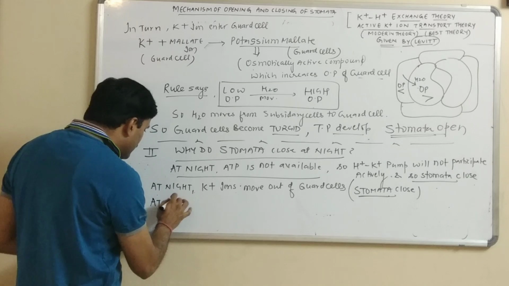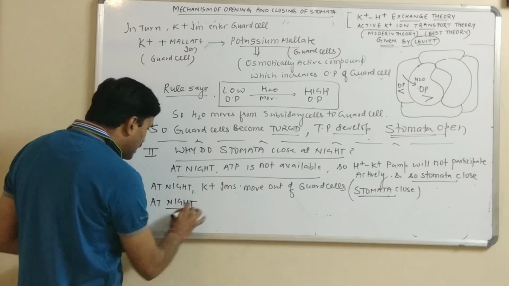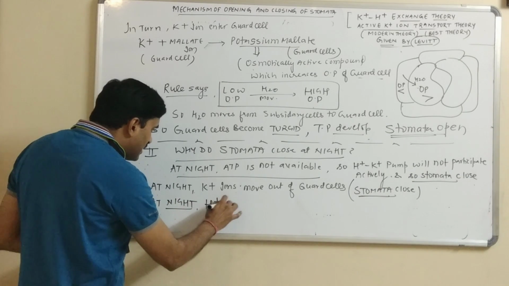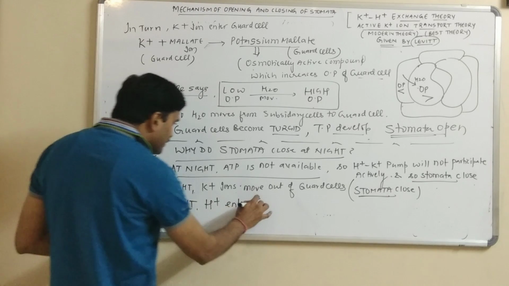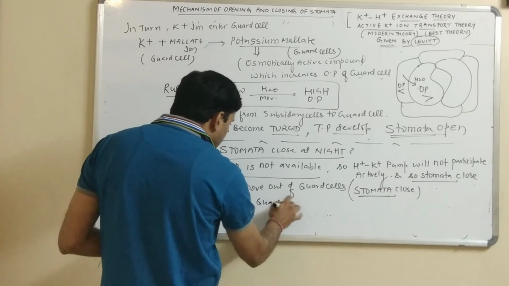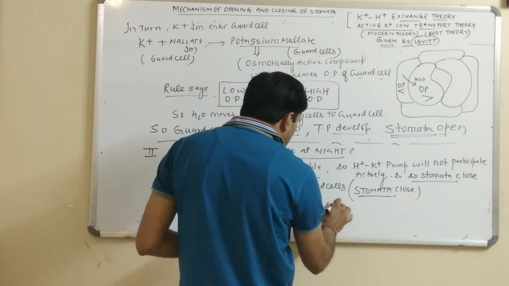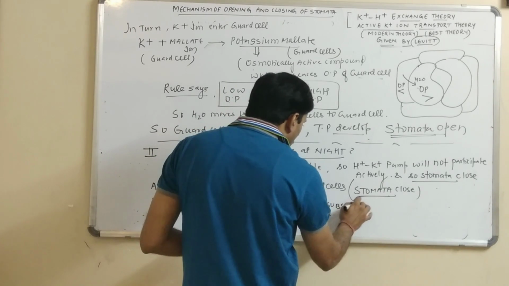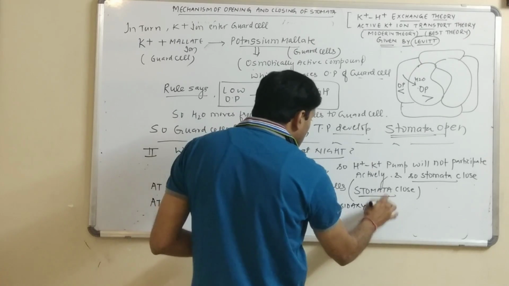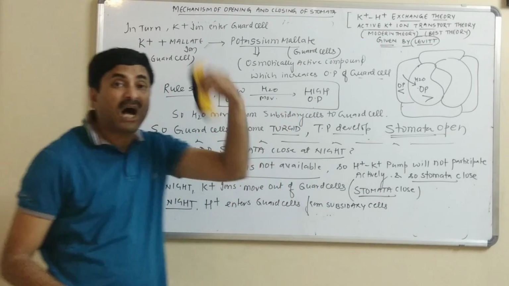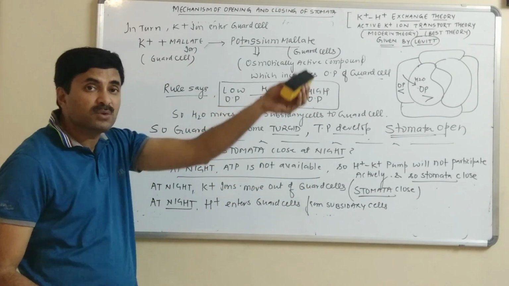So at night, H plus ion enters guard cells from subsidiary cells. Now what happens during the daytime? During the daytime H plus ions have gone out from guard cells to subsidiary cells.